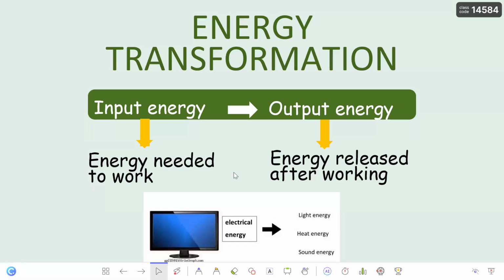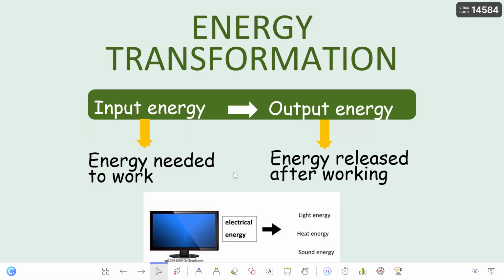These are the output energy, which is the energy released after working. So, girls, let's differentiate between the input energy and the output energy. The input energy is the energy needed to start working or to do the work, while the output energy is the energy released after working.